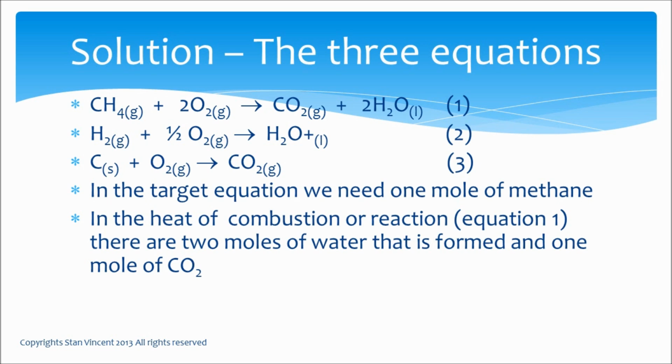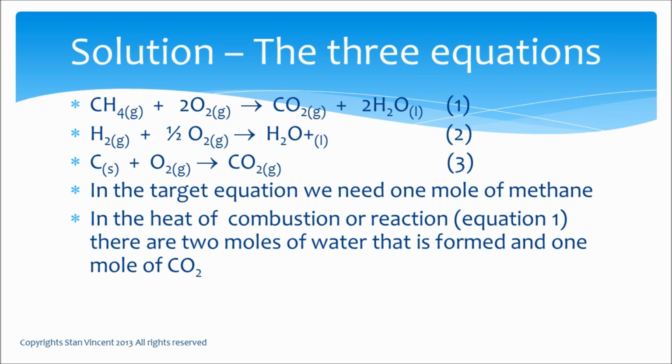Notice that in the enthalpy of combustion, that is equation number 1, when complete combustion takes place, 1 mole of carbon dioxide is formed and 2 moles of water is formed. So we need to know the heat change associated with the formation of 1 mole of carbon dioxide and 2 moles of water. The data was provided for 1 mole of carbon dioxide and 1 mole of water.